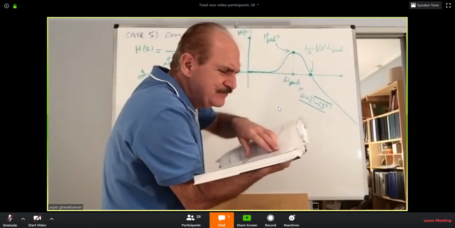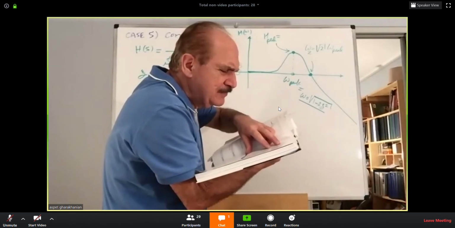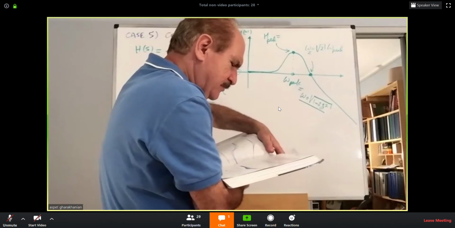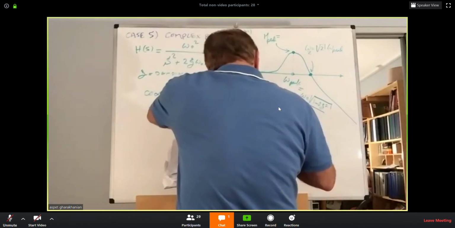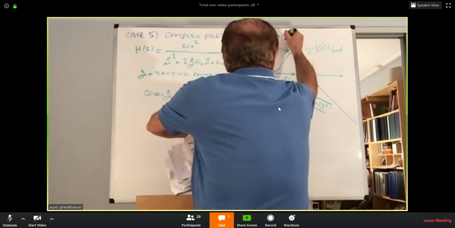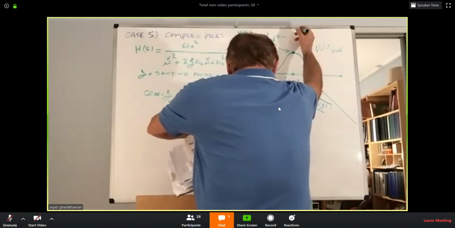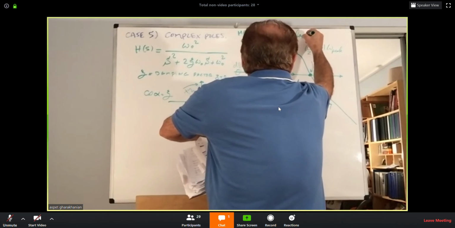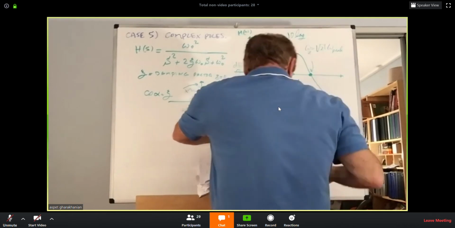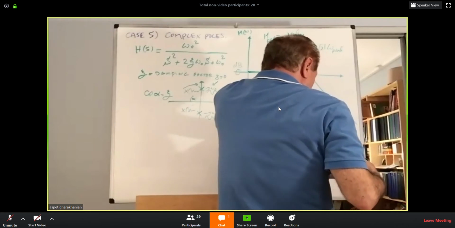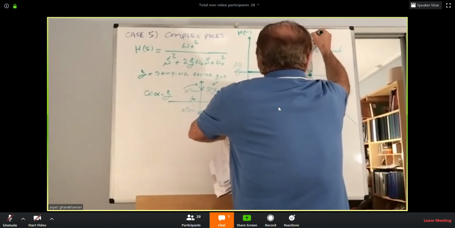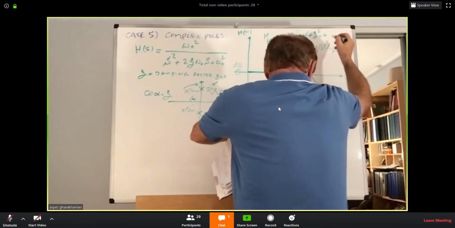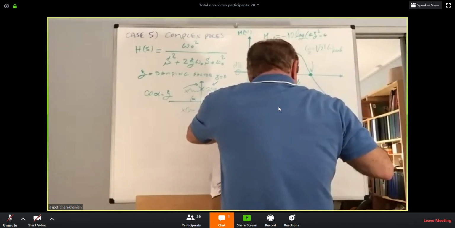The M peak will be equal to minus 10 log of 4 zeta squared minus 4 zeta to the 4.